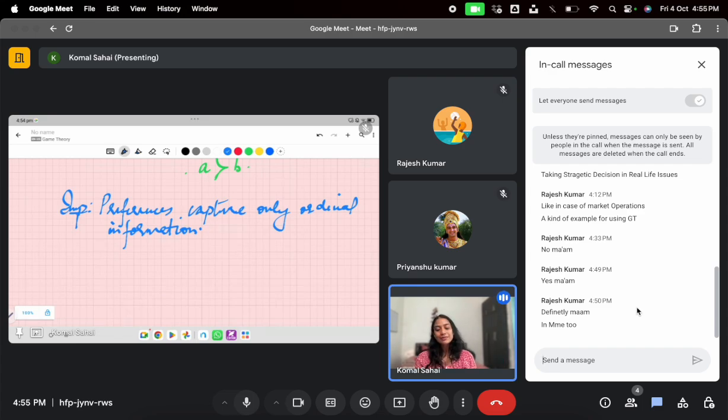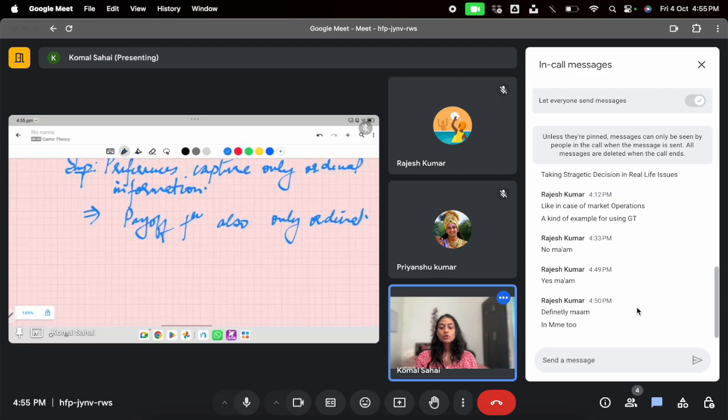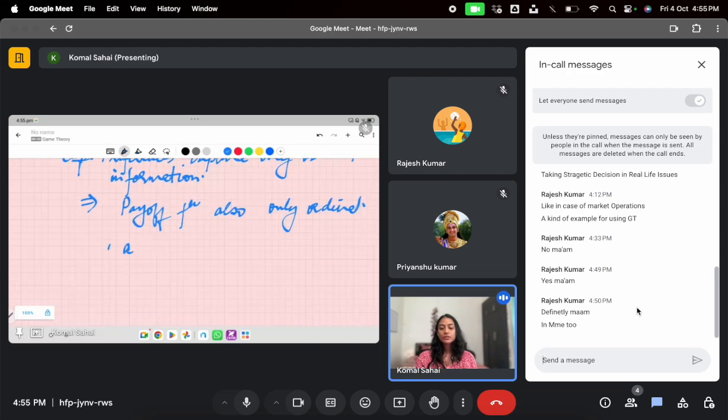ठीक है? So since this is the case, any payoff function that represents a preference is also only ordinal. Right? So you can assign the utility to A as 10 and utility to B as 5, or you can assign utility to A as 2 and utility to B as 1.5.